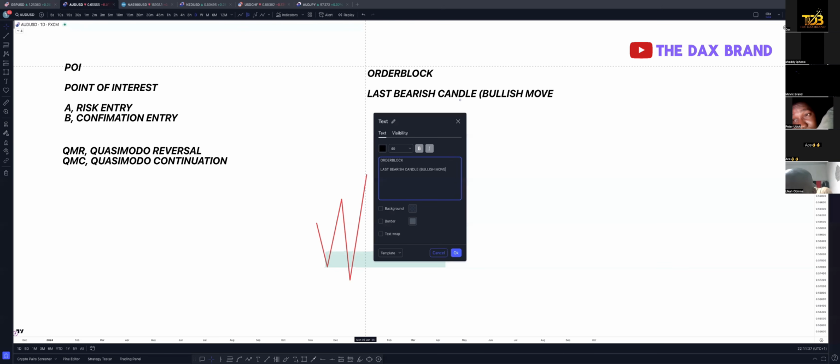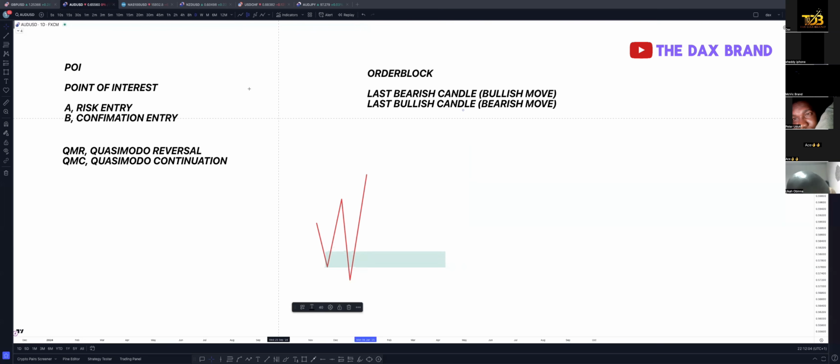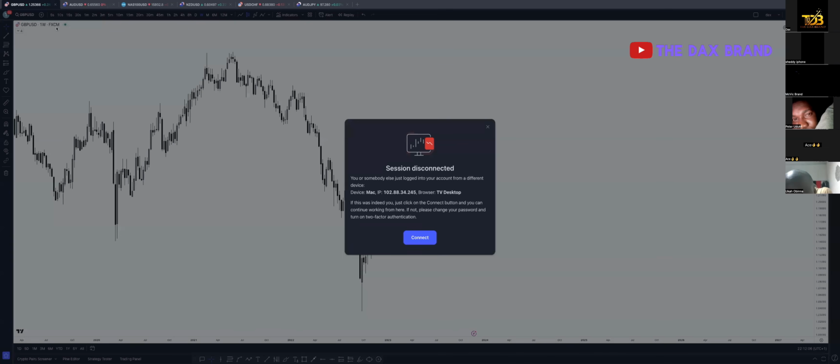Please pay close attention so you don't get lost. Last bullish candle, that's how you find an order block in a bearish movement, bearish move. And let me explain that on the real chart.